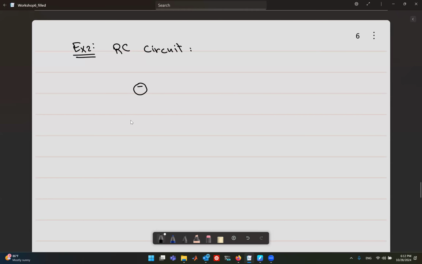We have a source, resistor, and then a capacitor. This is a resistor, and this the capacitor. And we call the voltage across the resistor VR. And because the input is a function of time, those voltages will also be functions of time.